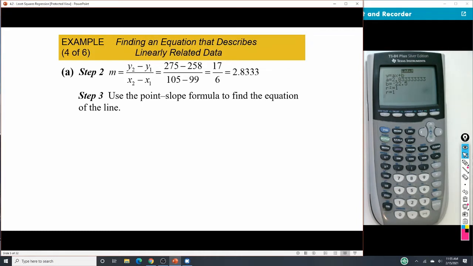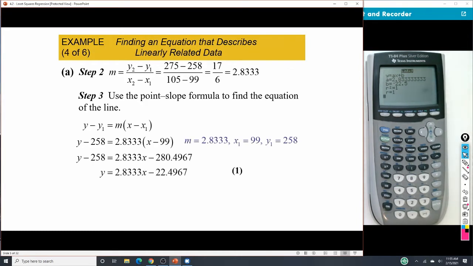Now they used a point slope formula, they did some work, and they came up with this equation at the end. And so we want to pay attention to certain things here. So this here is our A value, and this is our B value that we have right over here.